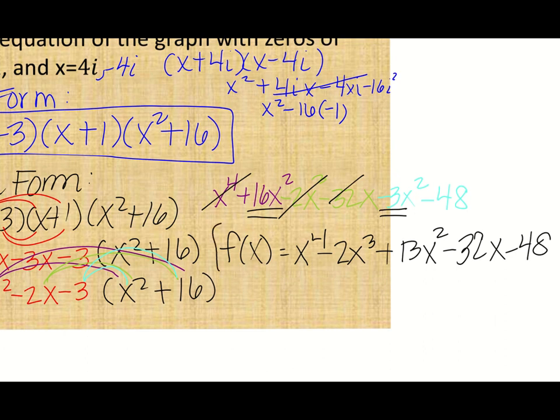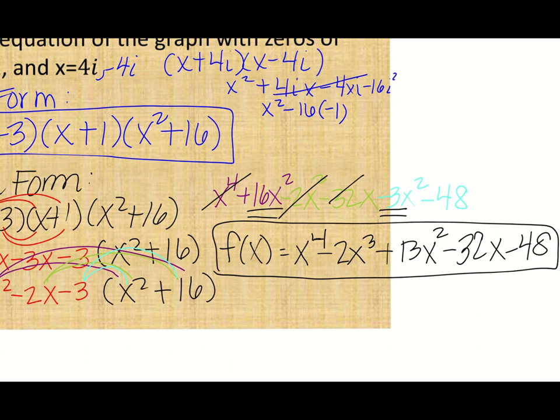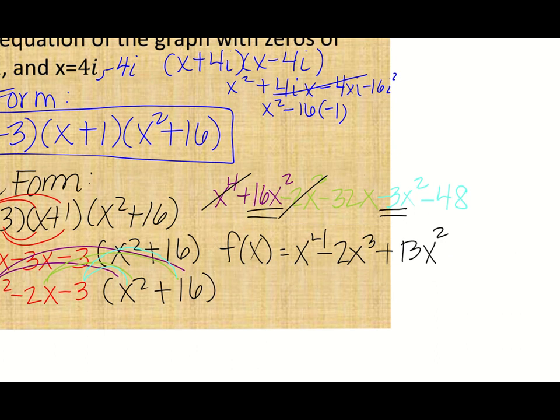So this would be in standard form multiplied all the way out. And remember we said that we have 4 zeros, so it should be a quartic, which it is. It is of degree 4. So I at least know that I have that first term correct here. So I have x to the fourth minus 2x cubed plus 13x squared minus 32x minus 48 as my polynomial in standard form.